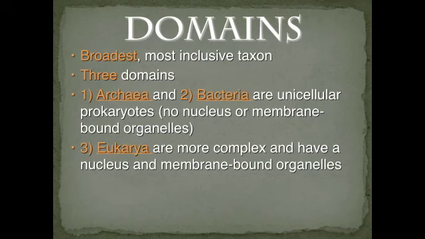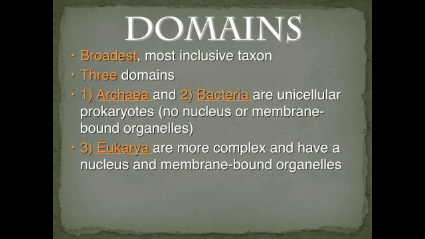Now, eukarya, which is the third one, is referring to having a nucleus. These are the eukaryotes. They have a nucleus, they have membrane-bound organelles. So in the past, we just had 2 domains. We had bacteria and eukarya, but more recently we have bacteria divided into 2 types, and we'll talk about those in just a little bit.